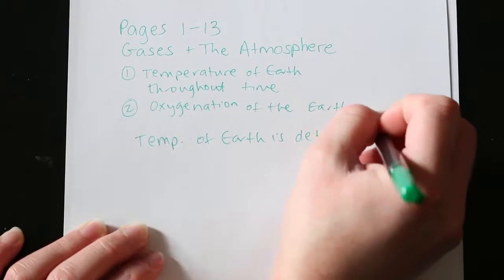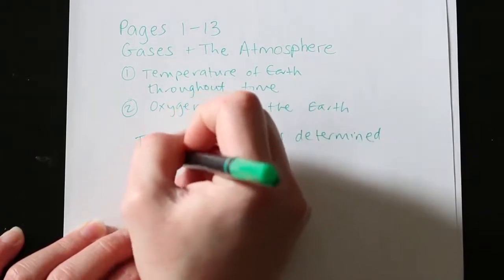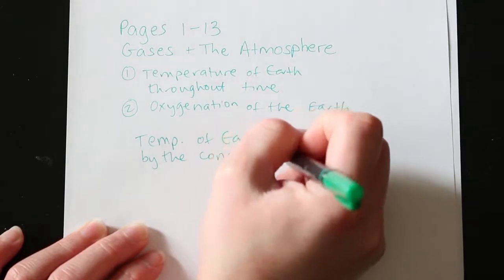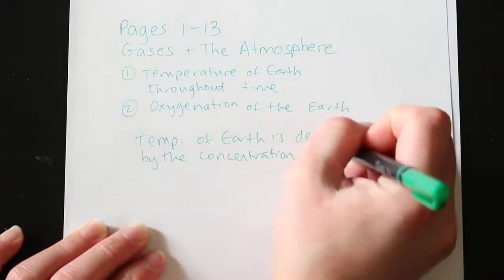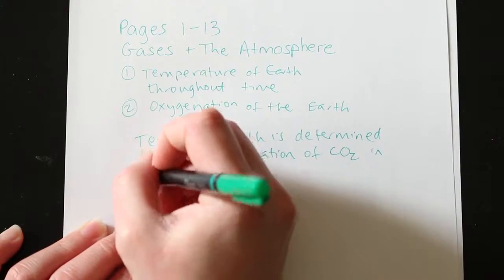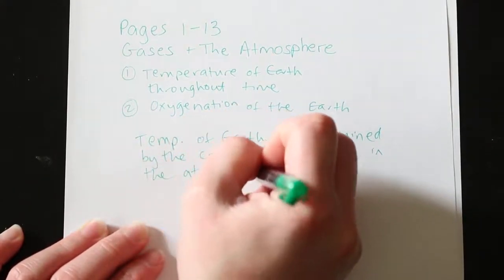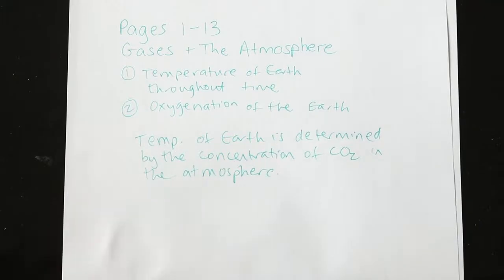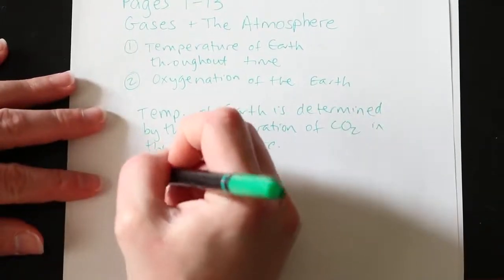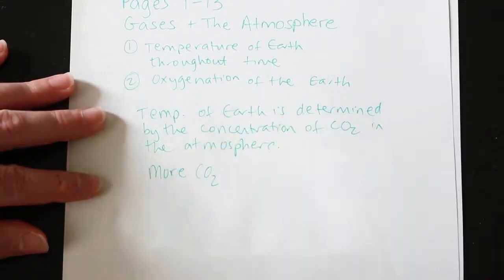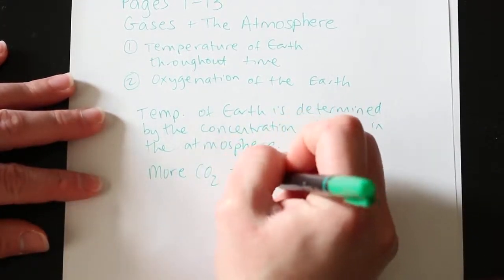So we say the temperature of Earth is determined by the concentration of carbon dioxide in the atmosphere. If the Earth had more CO2 at one point, the temperature is higher.